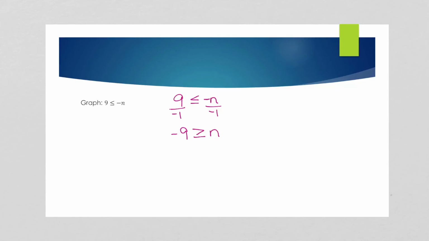Now, I don't want to graph this until my variable is on the left. So now I'm going to flip everything over again. And this is what I'm going to graph. And so I want a closed circle at negative 9, and I want this thing to point to the left.